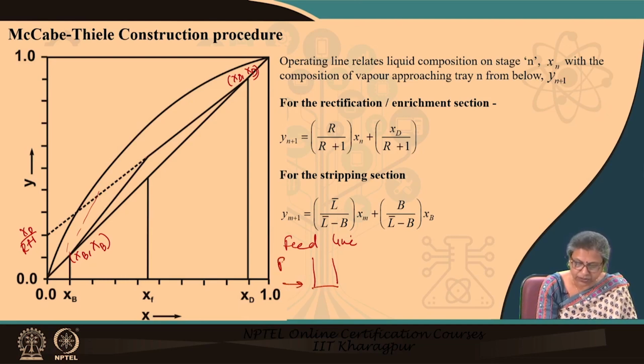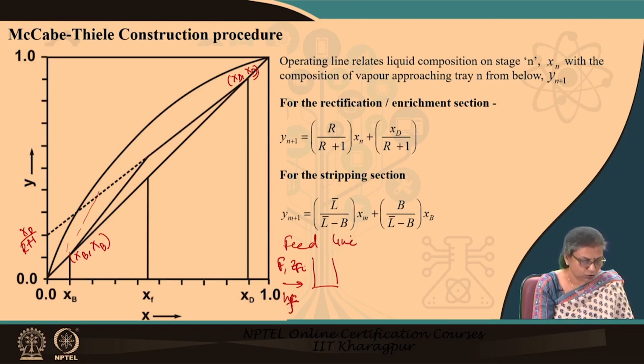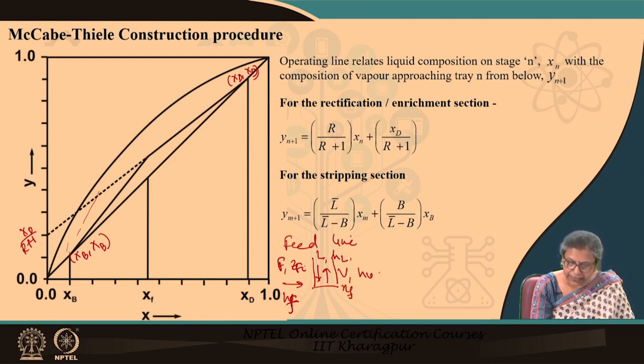On this particular tray F is the flow rate, z_F is the mole fraction, H_F is the molar enthalpy, and the liquid which is falling on the feed tray is L, H_L, and the vapor which is rising from here is V, H_V, and this particular tray number is N_F. So, the vapor flow rate rising from this tray will be at N_F, and the liquid which is falling to here is going to be x_(N_F minus 1).